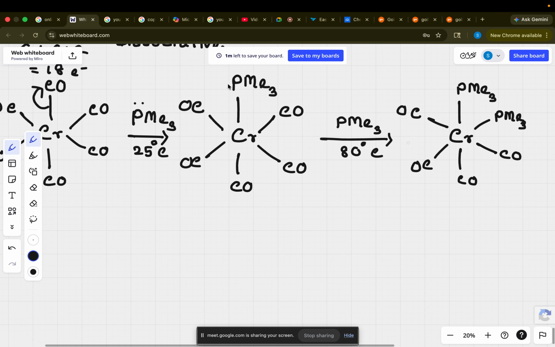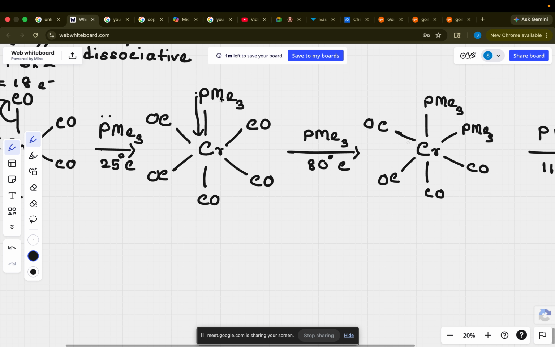But phosphorus is donating electrons, right? Phosphorus has a lone pair. Basically it is donating the electrons to the chromium center. So I can say this is a sigma donor ligand.